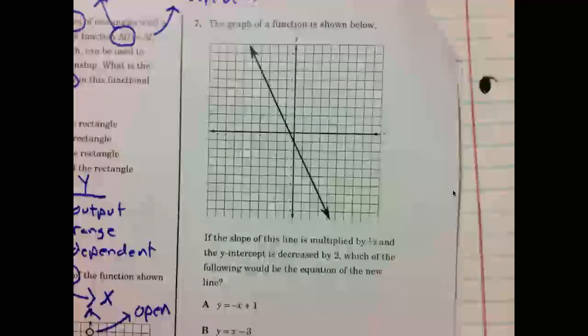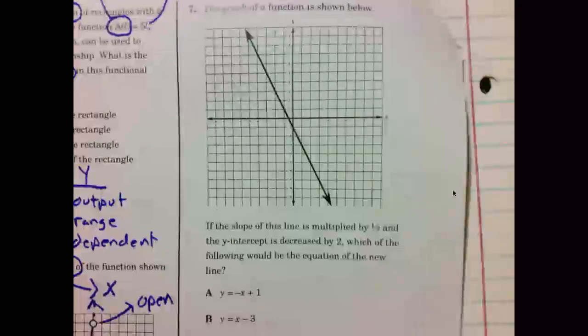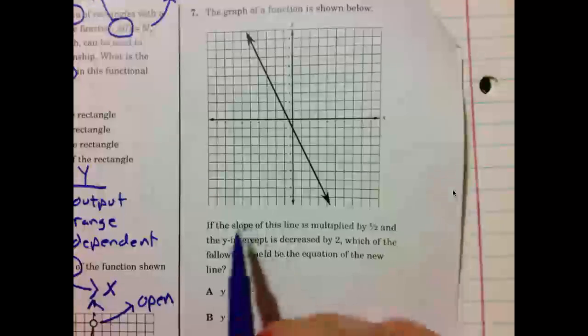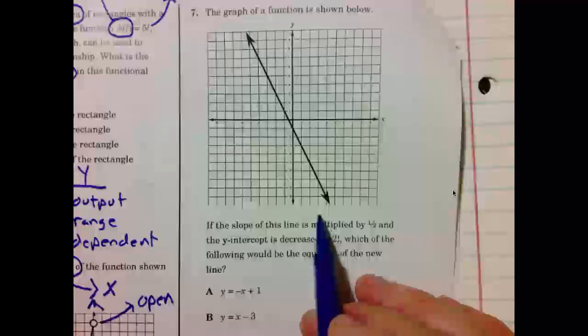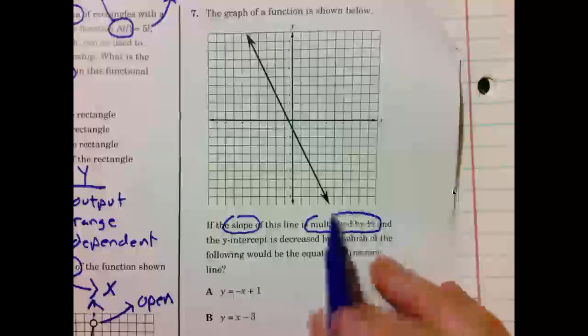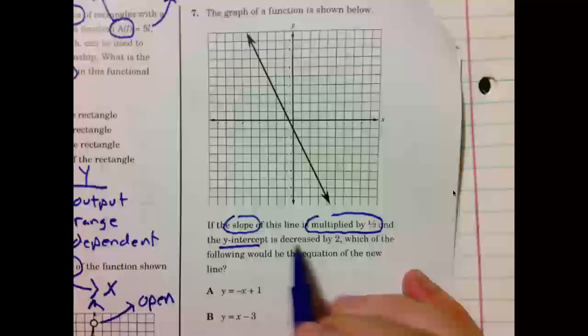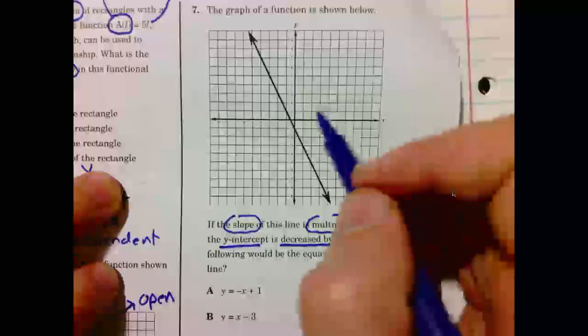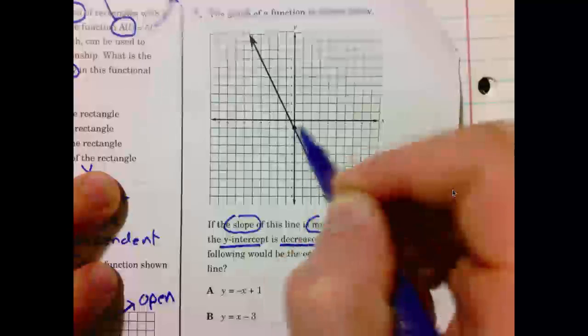Number 7. Question says, which of the following be the equation of the new line? It says the slope is multiplied by 1/2, y-intercept decreased by 2. Well, first let's identify the y-intercept. It's at -1.